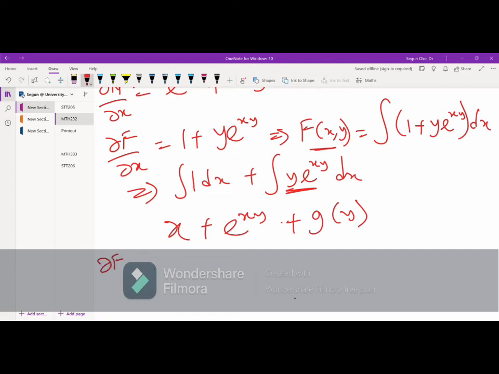Then here you have the f dy equals to x plus this, which will contain x, don't forget, please. Where you integrate this one, you have x exponential xy.